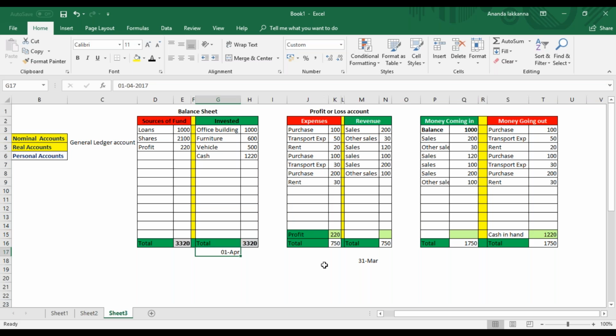From that activity, I got 220 rupees profit. From this, my cash is increased by 220 rupees. How is this cash increased? The operations made 220 rupees of cash come inside.